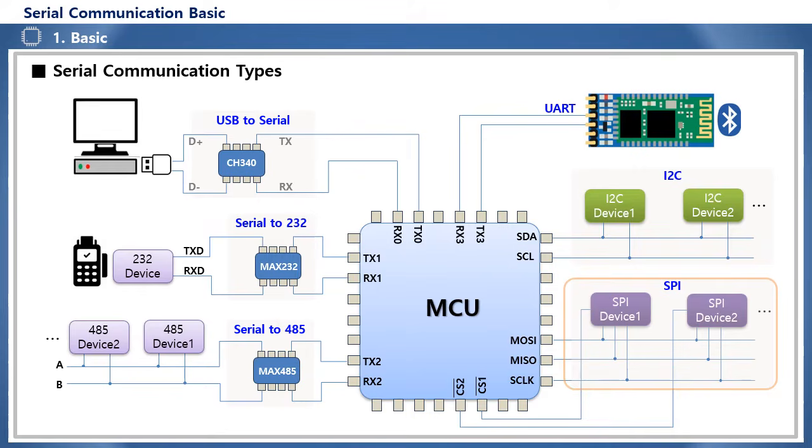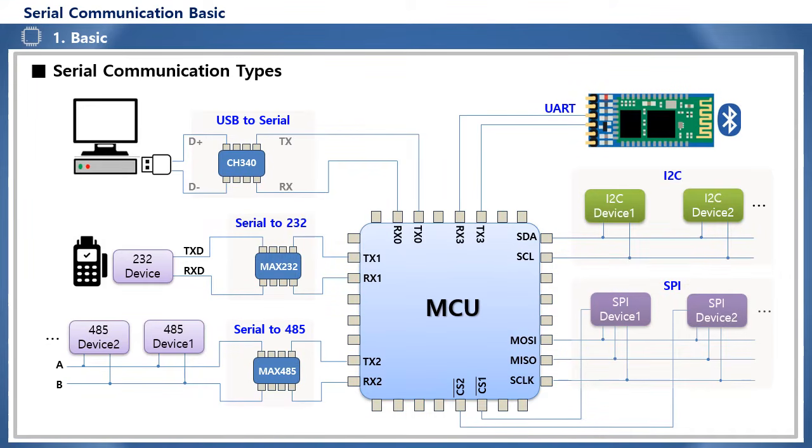Similar to the I2C, it has a structure in which one master and multiple slaves are connected, with the MCU being the master and multiple SPI slave devices being connected with 4 communication lines. The chip selector, CS for device selection, is also called the slave selector, SS. Since data transmission and reception are separate, it is faster than the I2C.